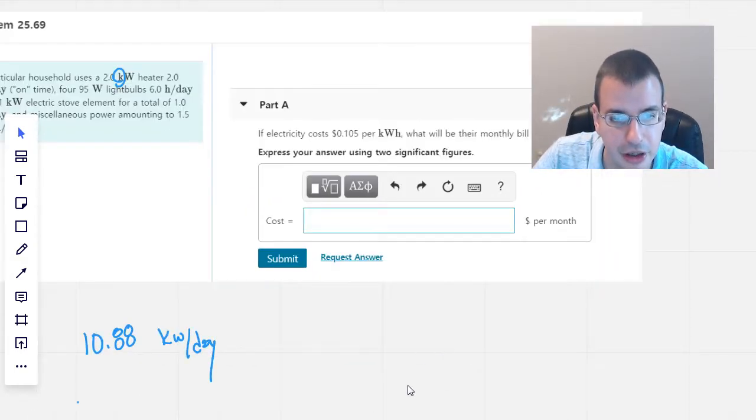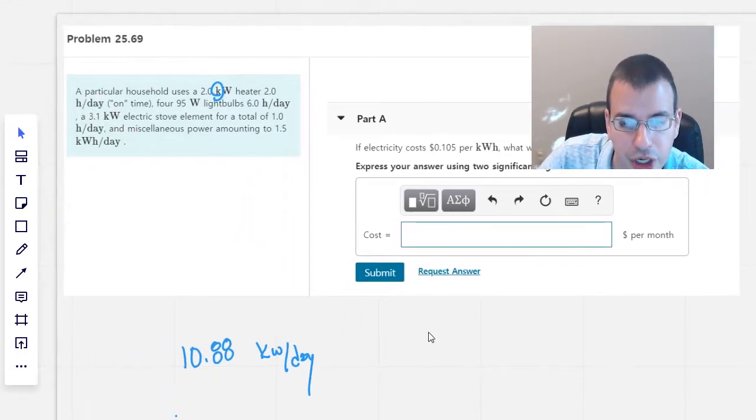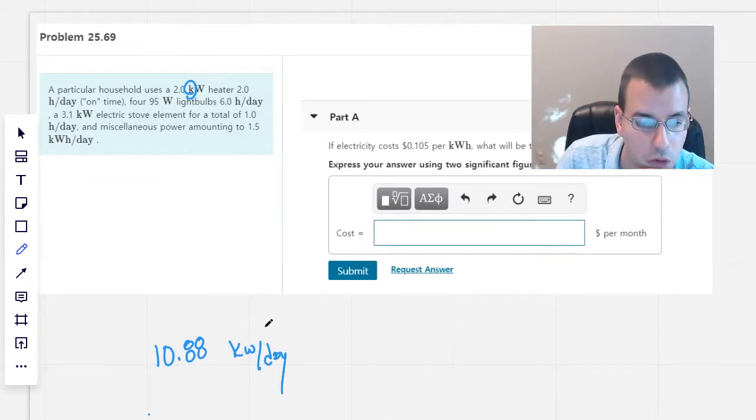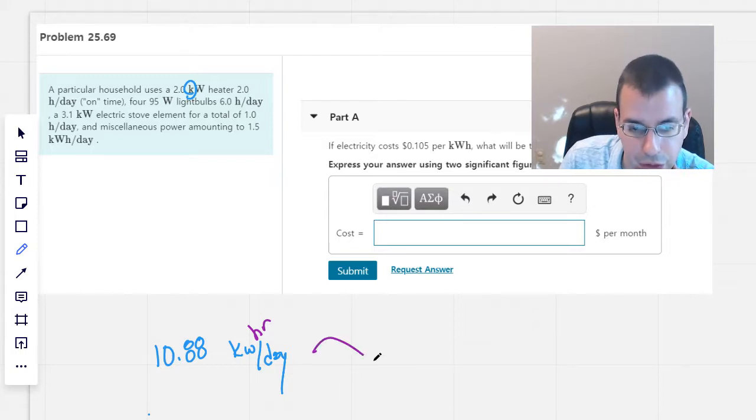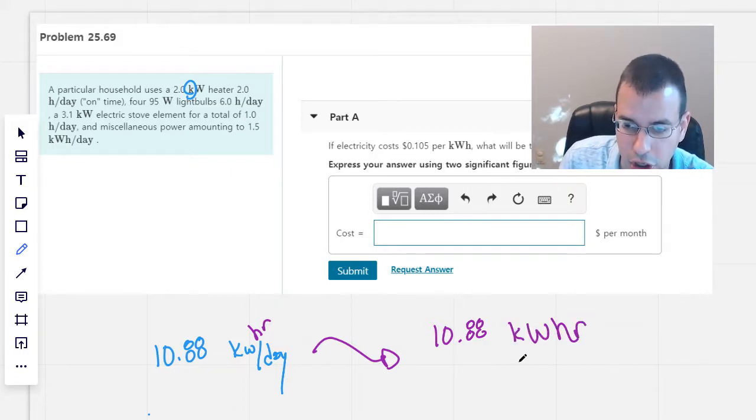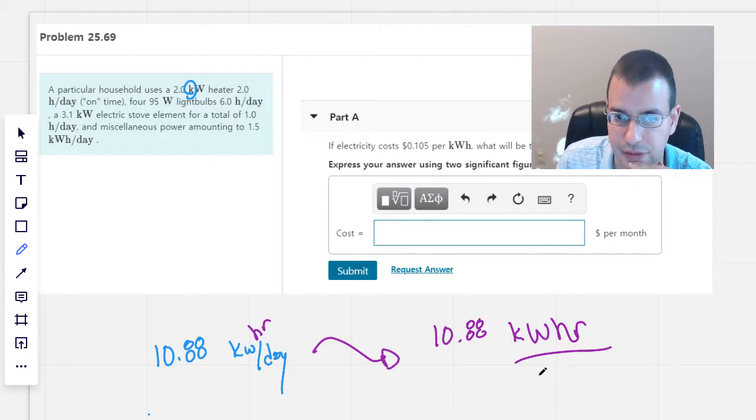So from here, we know that we have an electrical cost per kilowatt hour. Good call. I'm going to rewrite this so it's a little more obvious: 10.88 kilowatt hours, I'm going to put an R on the hours just to feel good about myself, per day.